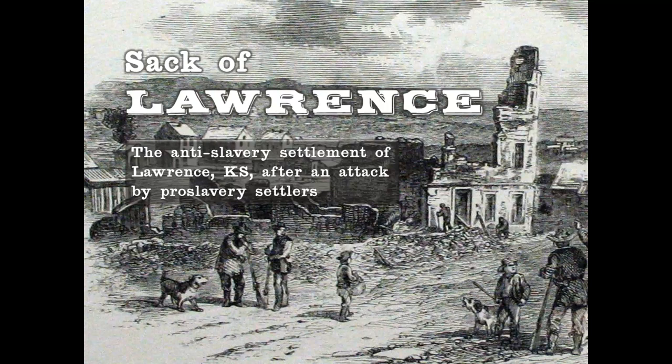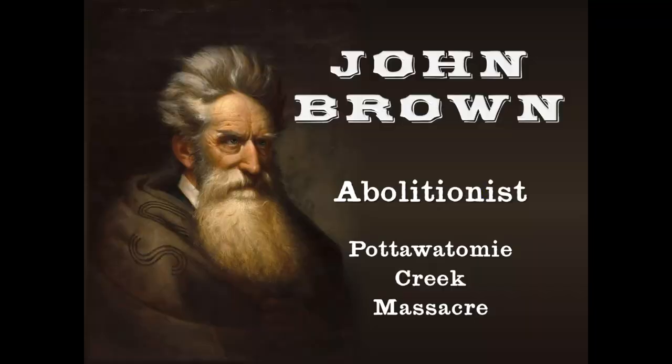There are particular conflicts in so-called bleeding Kansas. There's an anti-slavery settlement, so people are tenting it up in Lawrence, Kansas, and we get an attack of pro-slavery settlers. We also get John Brown, who's an abolitionist, and we know what happens to him.